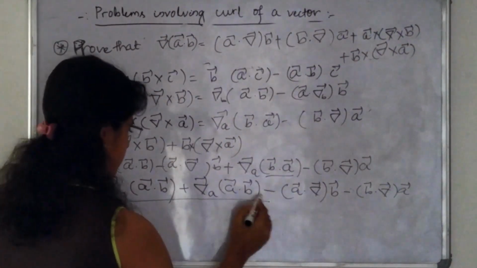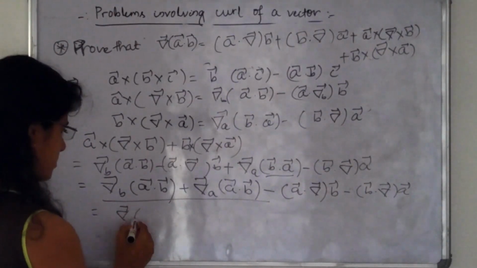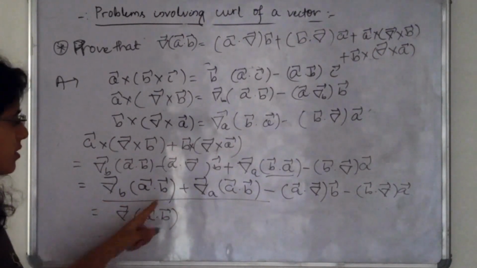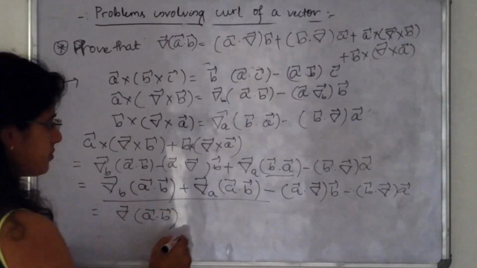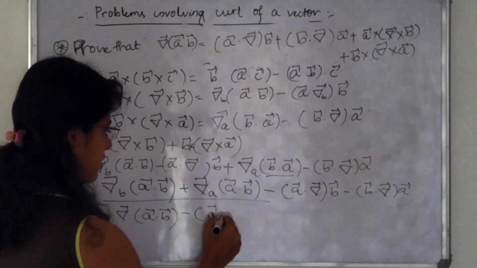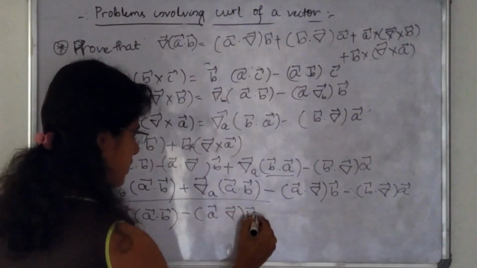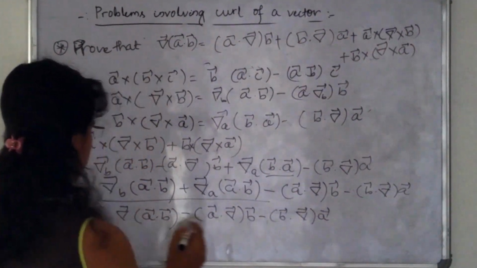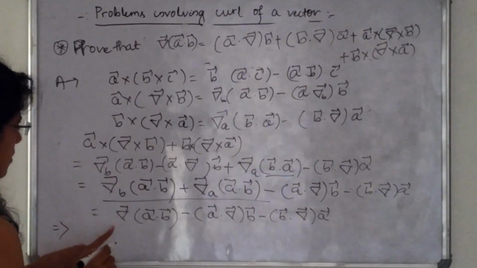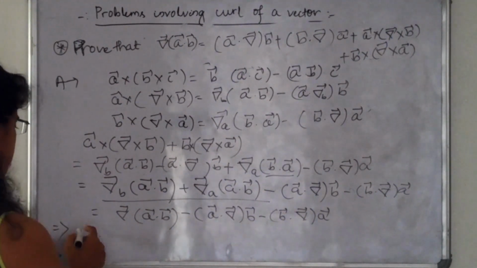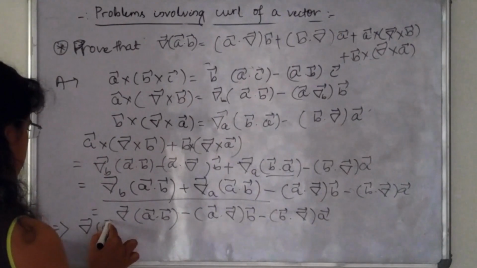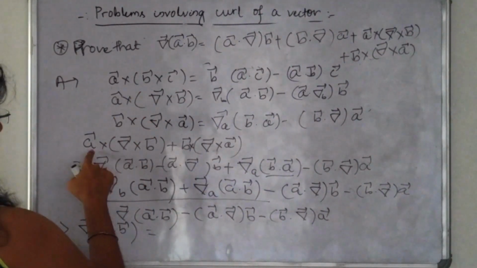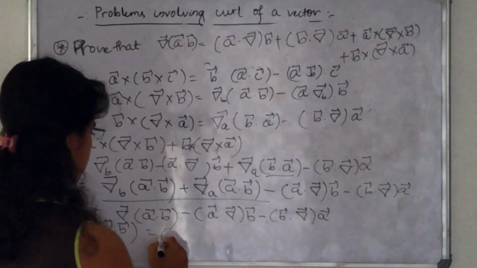Okay, so this term we know, B component plus A component is the total of this term, minus A dot del B minus B dot del A. So when we keep this in the RHS and take all of these terms into the LHS, what do we get?